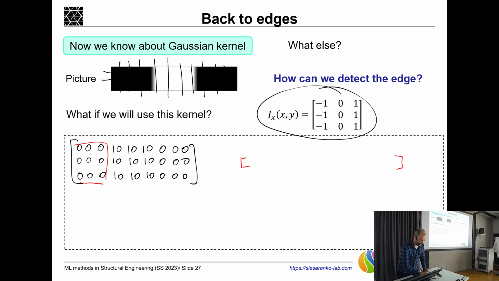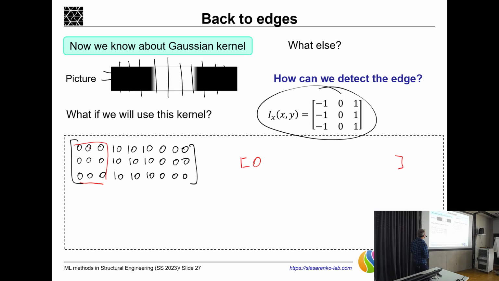If I take these zeros and convolve them with -1, 0, 1 in each row, what would the sum be? 0, of course, because I have 0 multiplied by -1, 0 multiplied by 0, and so on. So the first element would be 0.